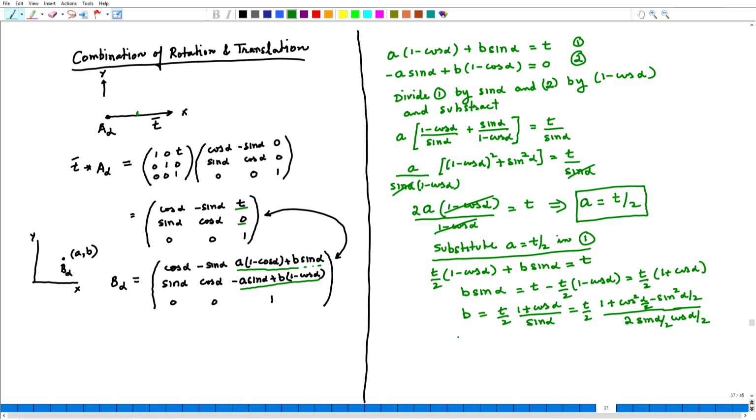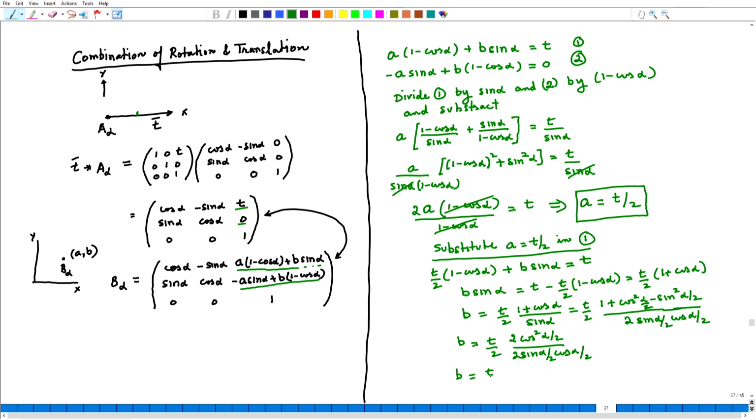So, very clearly the numerator, we can write now 1 minus sin square alpha by 2 is cos square alpha by 2. So, we can write this as 2 cos square alpha by 2 divided by 2 sin alpha by 2 cos alpha by 2.